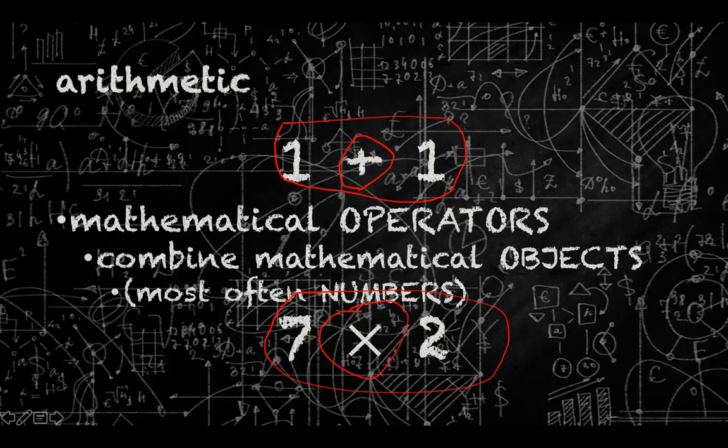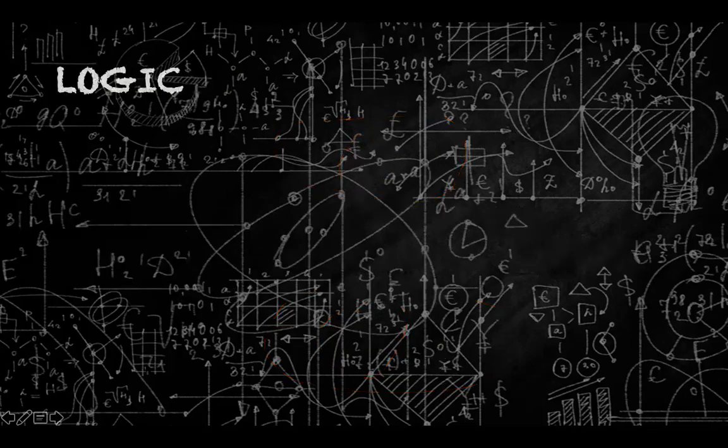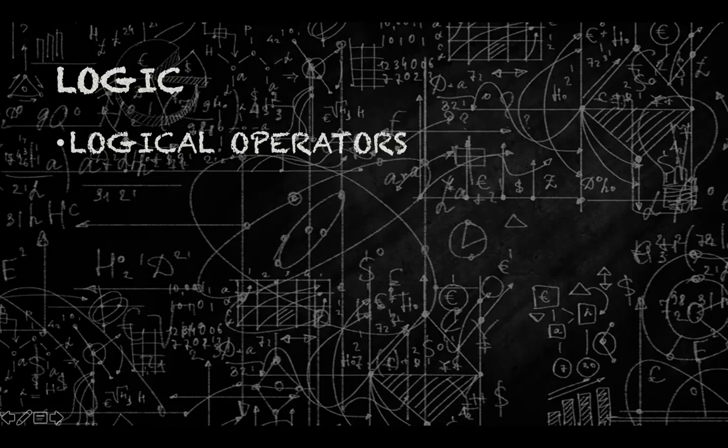So in the same way, in logic, we're going to have a bunch of operators, and they're logical operators. So in math, we have mathematical operators. In logic, we have logical operators. And in math, the mathematical operators deal with mathematical objects, which are mostly numbers. So what do we think logical operators are going to deal with?